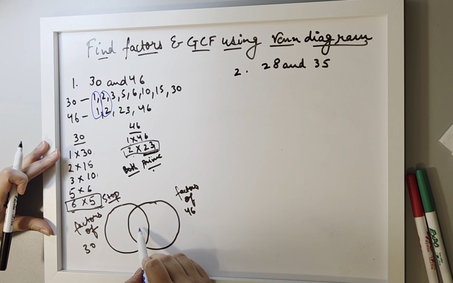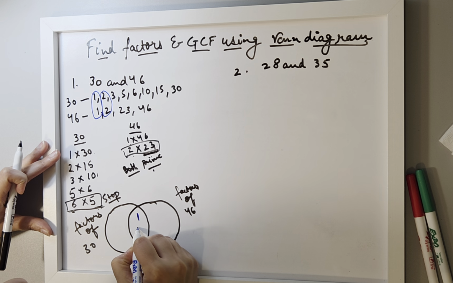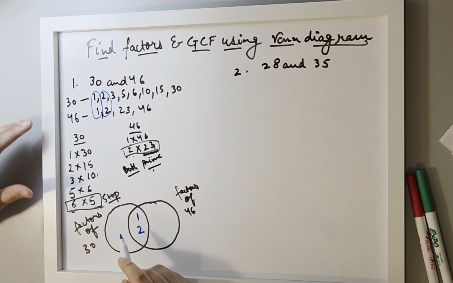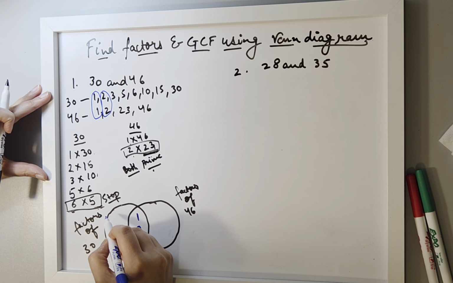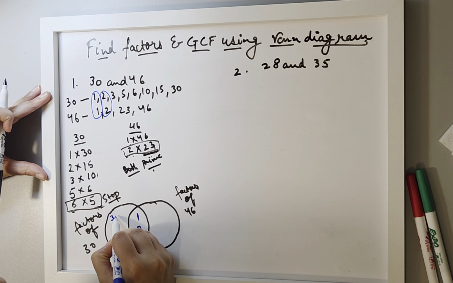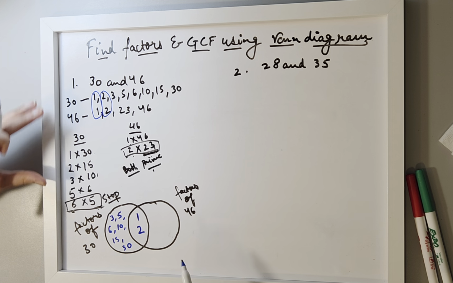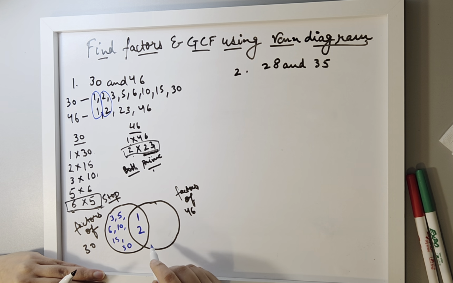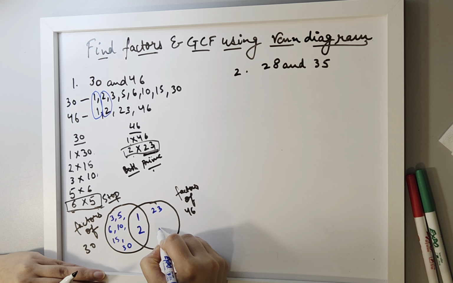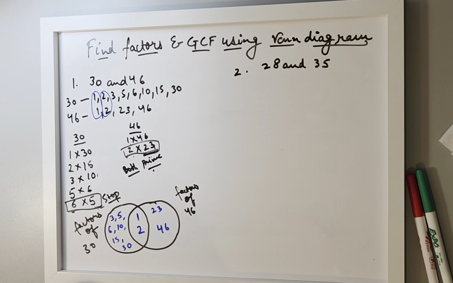The center one is the common area, so we write the common factors here, and then the rest of the factors for 30 here. So it will be 3, 5, 6, 10, 15 and 30. And the rest of the factors for 46 here, 23 and 46.